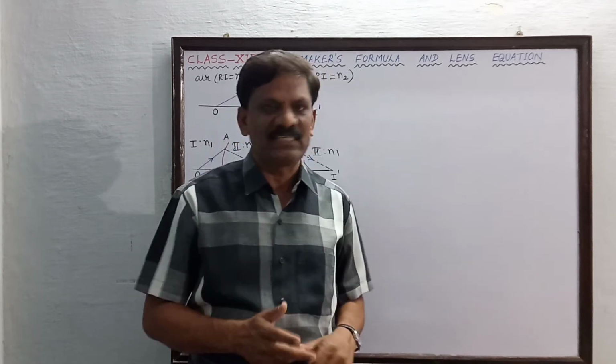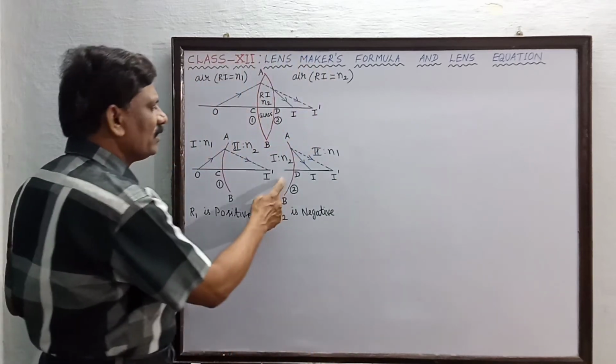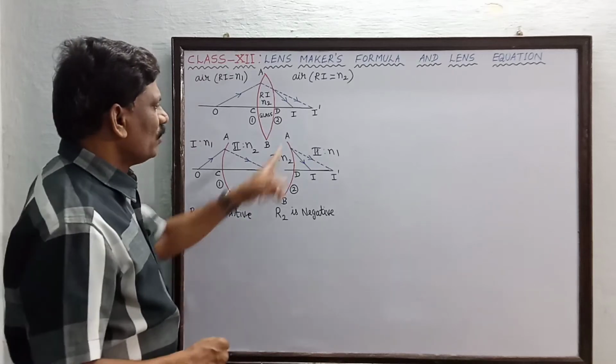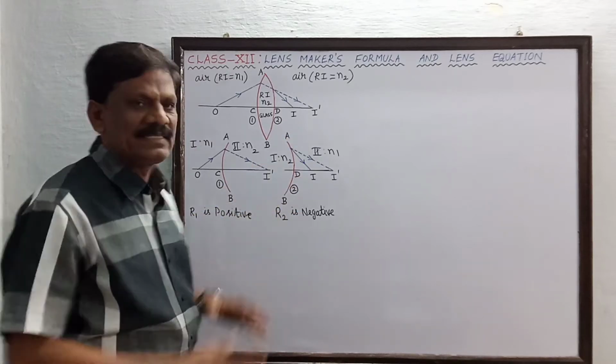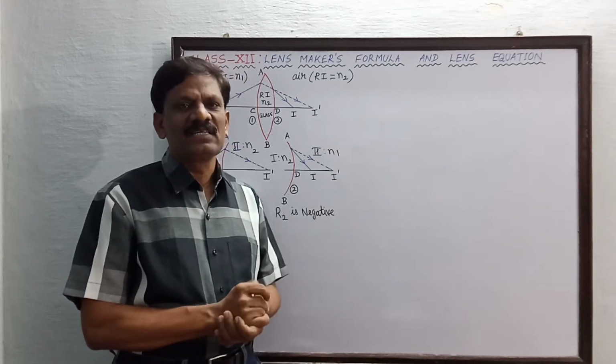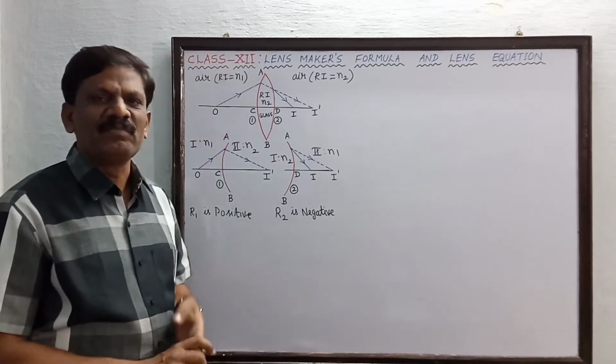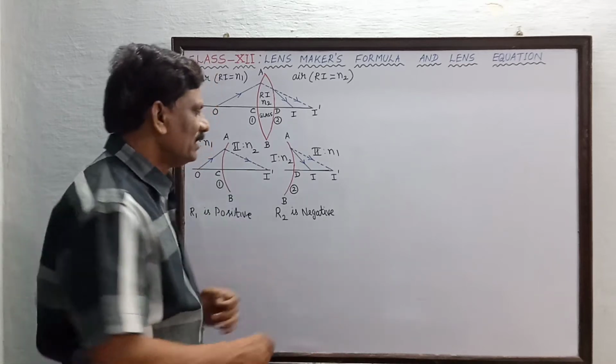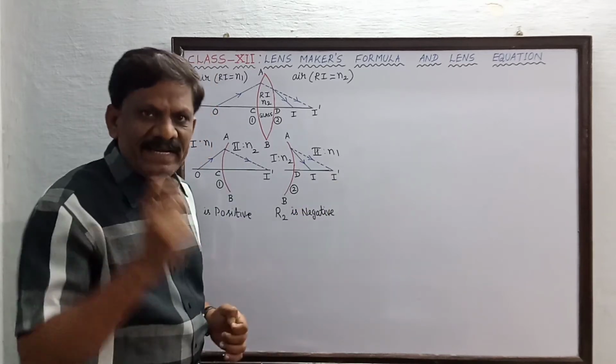for the second refraction. Therefore, I have drawn this diagram separately. So ADB is the second curved surface. For the second curved surface, the refraction is taking place from glass to air, and the object is I dash.